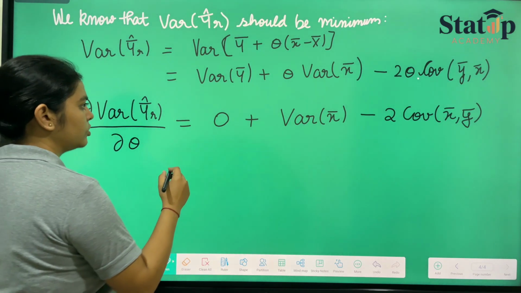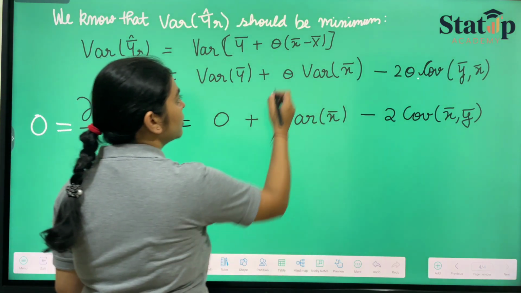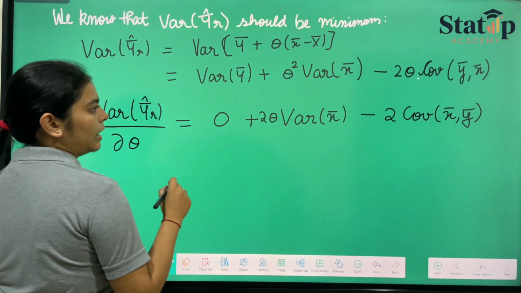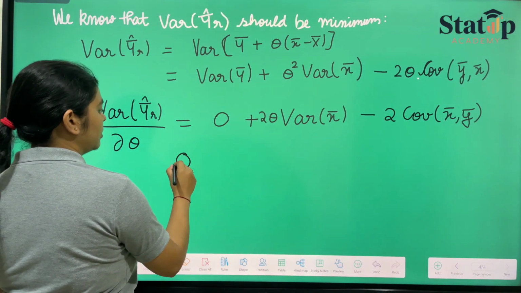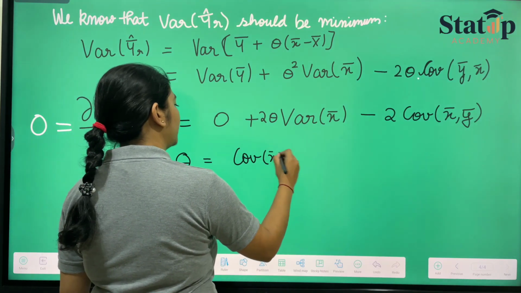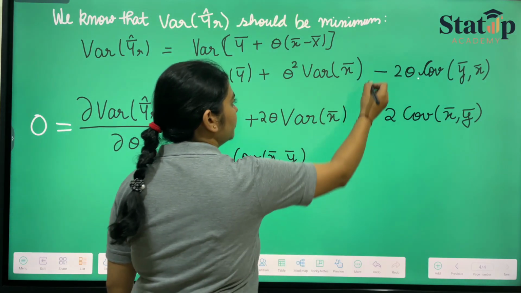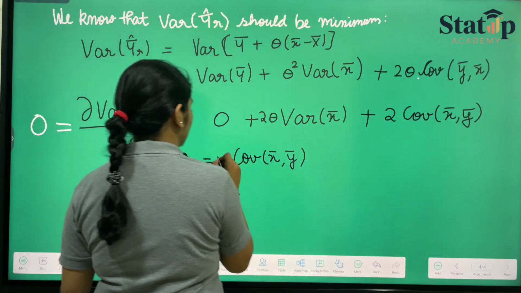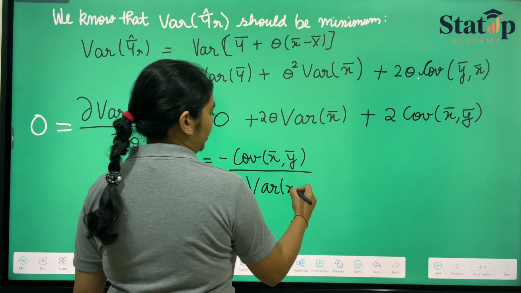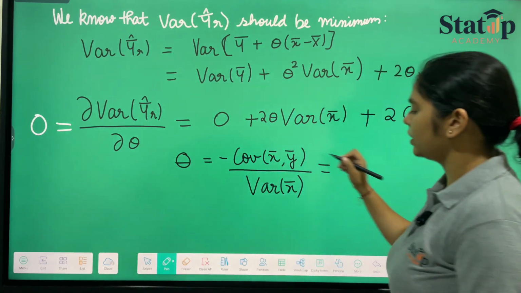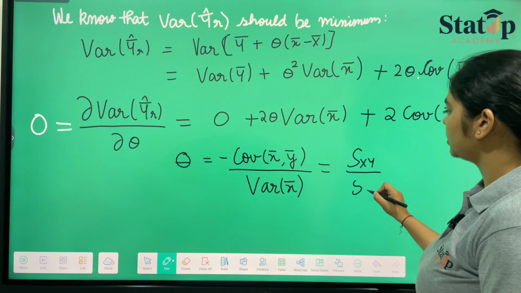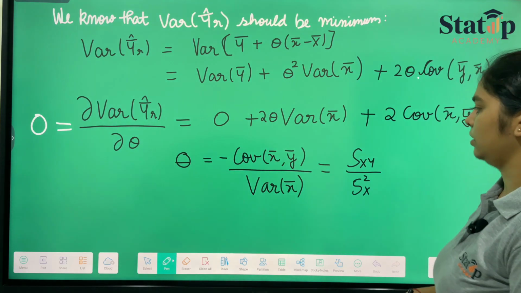If I put this equal to 0, we will get theta equals to covariance of x bar y bar upon variance of x bar. Covariance of x bar y bar is nothing but sxy, and variance of x bar is nothing but sx square.